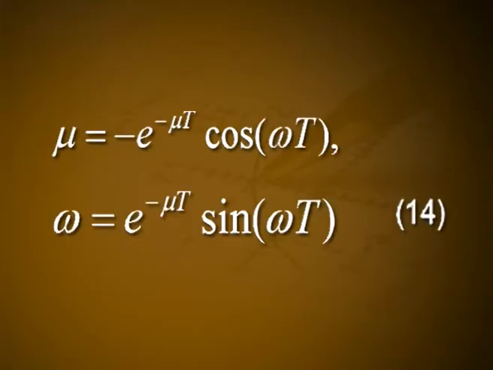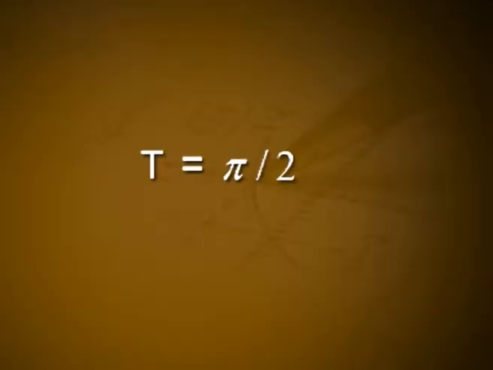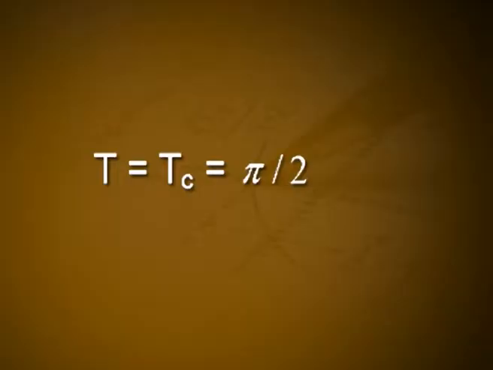From equation 14, we see that if mu equal to 0, the second equation gives as the only relevant solution omega equal to 1 occurring at T equal to pi by 2. Since this is the first zero of mu as T increases, this gives the critical value of T, represented by Tc, which is equal to pi by 2.